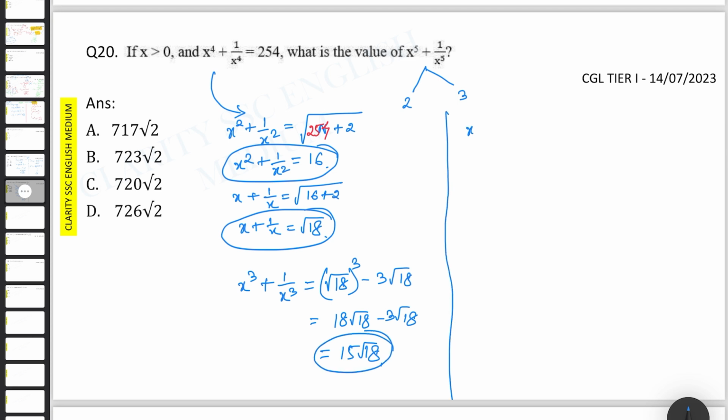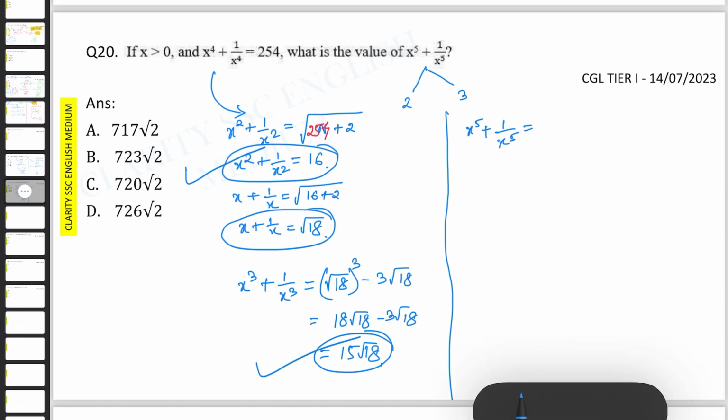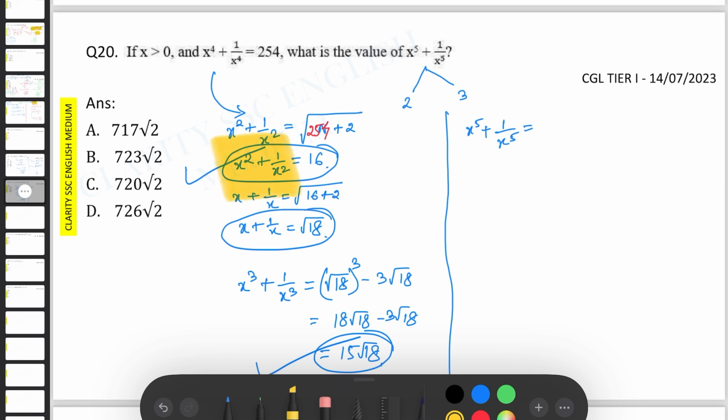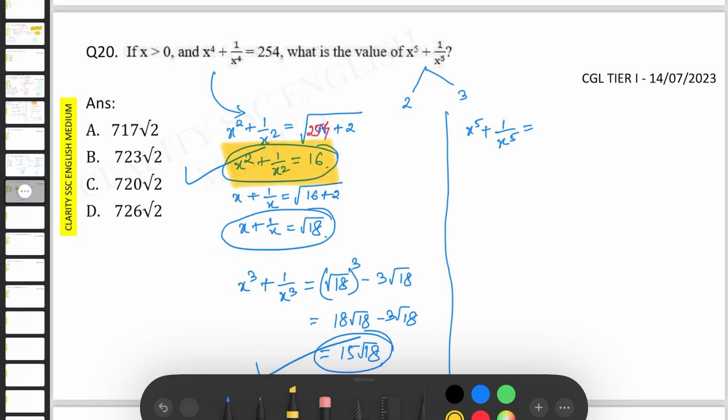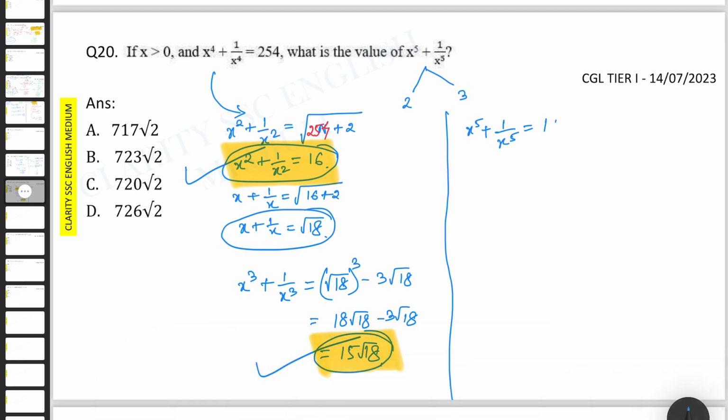So let's find x to the power 5 plus 1 by x to the power 5. It is nothing but the product of these two, the power 2 and the power 3, minus n. Let me highlight this one and this one. 16 into 15 root over 18 minus n. What is n here?